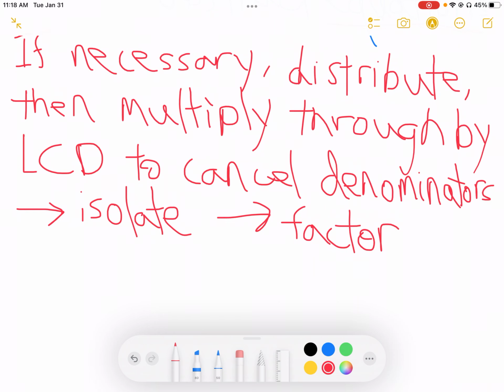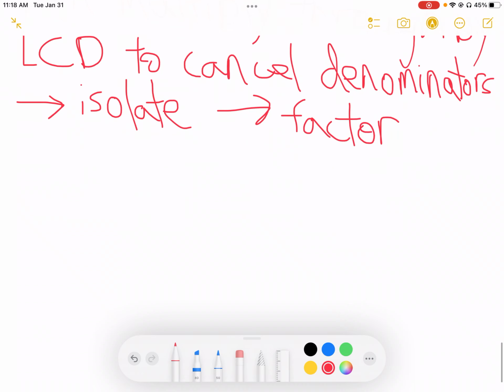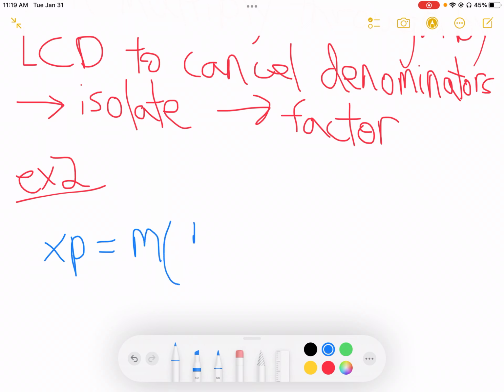So let's go to our example here. We have example 2. Let's just write out what it is. We have XP equals M times B over 1 plus C plus A over P. Not the operating system XP, if anybody ever remembers that.